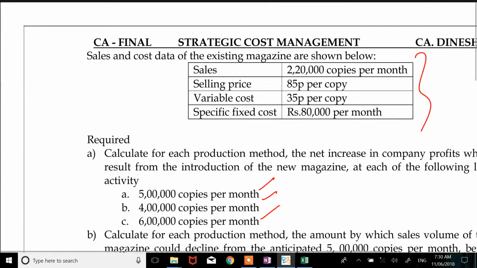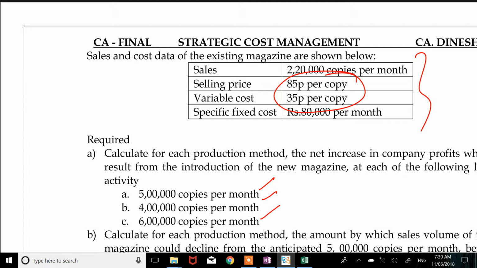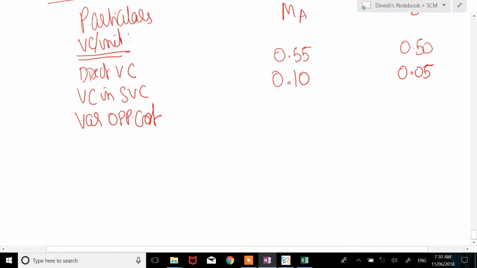This existing product is earning a contribution of 85 minus 35, which is 50 paise, not profit, we go by contribution. That 50 paise, the loss is into 1 by 10. Because for every 10 copies we sell, we lose 1 copy. So your opportunity component is 50 paise into 1 by 10.